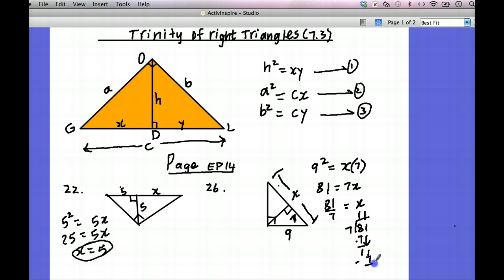Subtract, 4. So my answer is going to be 11 and 4/7. So X would be 11 and 4/7.